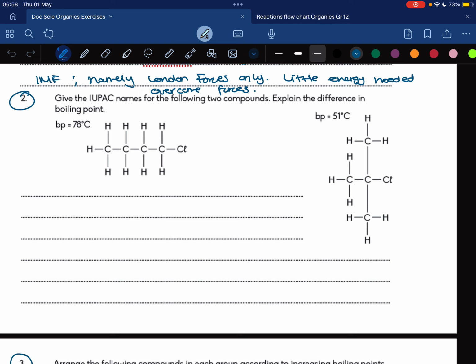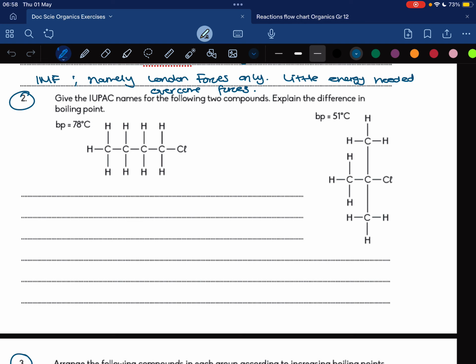So we'll say 2-chloromethylpropane. Remember it's all one word. If you said 2-chloro-2-methylpropane, it's also fine. You can do that.